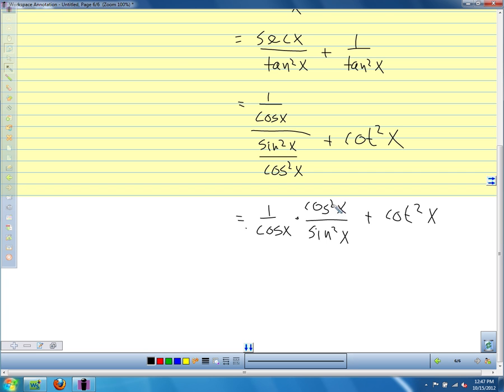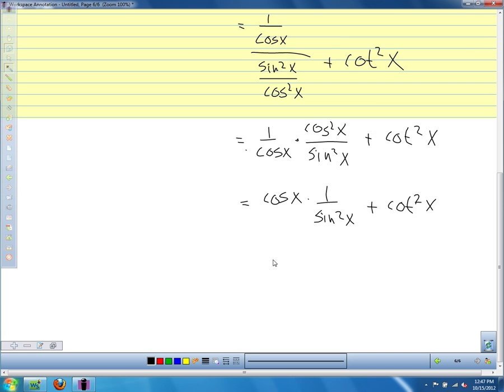One of my cosines cancels here, so I get cosine x times 1 over sine squared x plus cotangent squared x, and I'm finally almost finished. Cosine x times 1 over sine squared x is cosecant squared x plus cotangent squared x. So I've rewritten that so it's not a fraction.